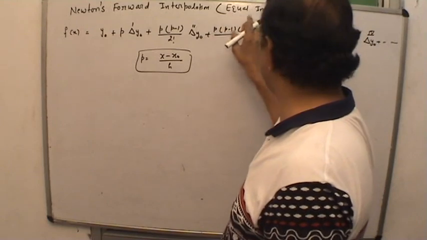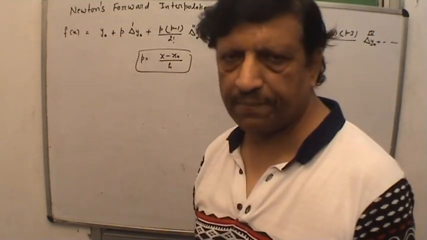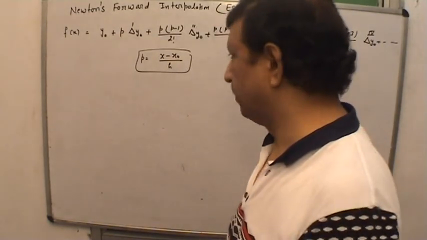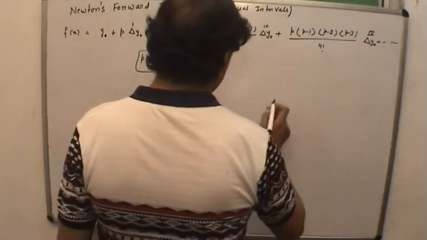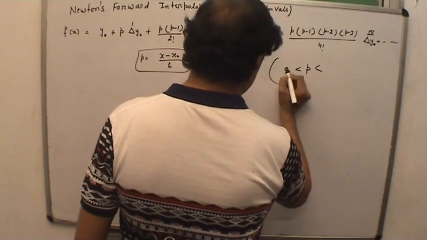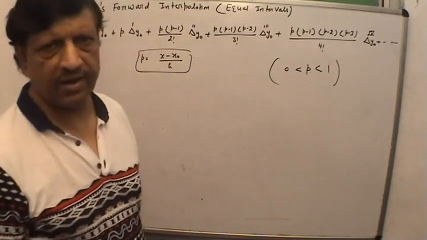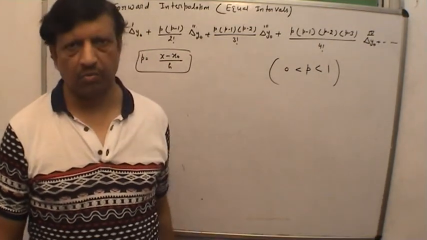Because here the height remains the same, we can use this formula. If it is not the same, we cannot use this formula. P is equal to x minus x0 divided by h, and the most important condition here is that p must strictly lie between 0 and 1. That is a very important condition when we apply the formula.